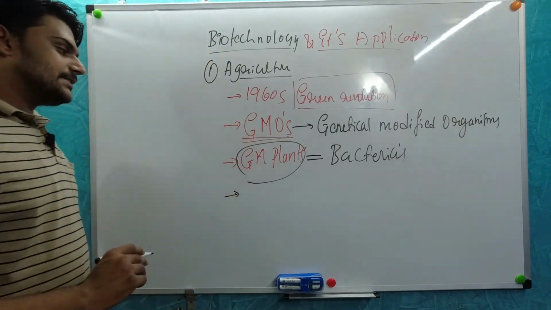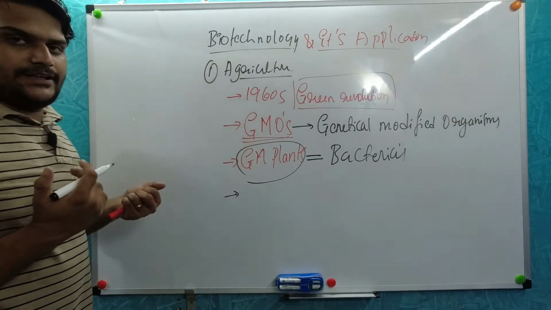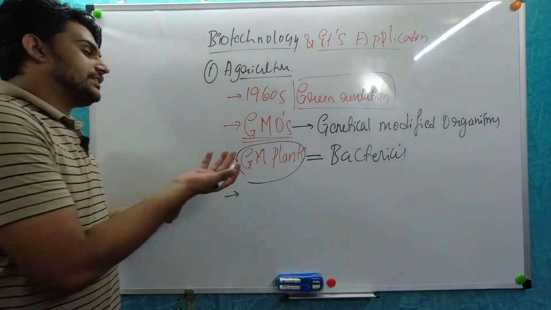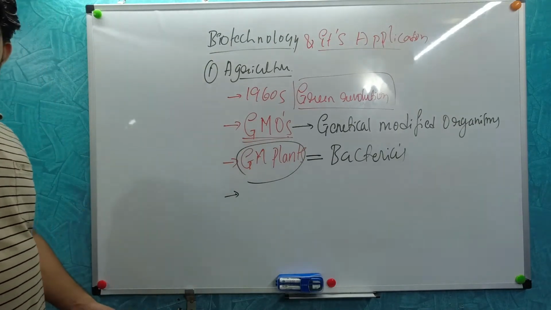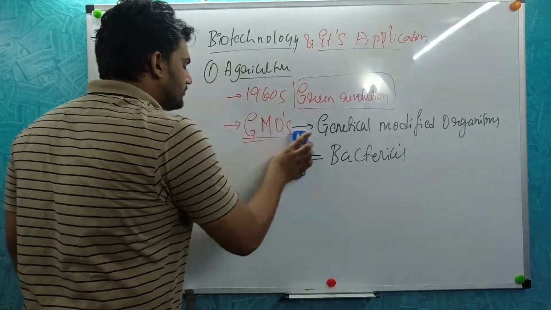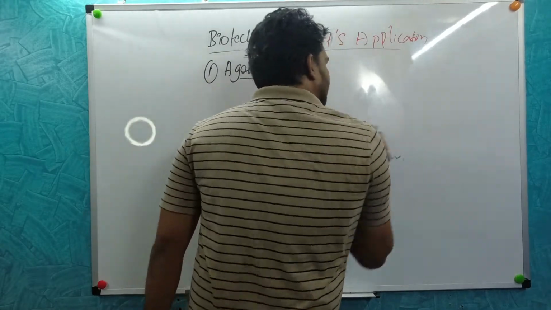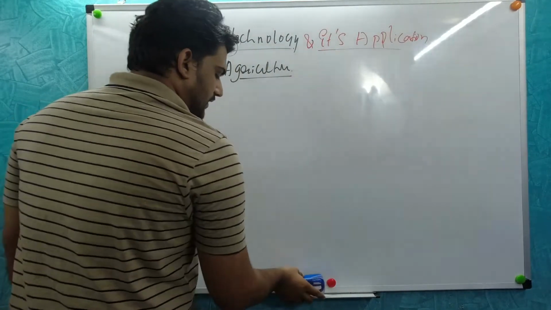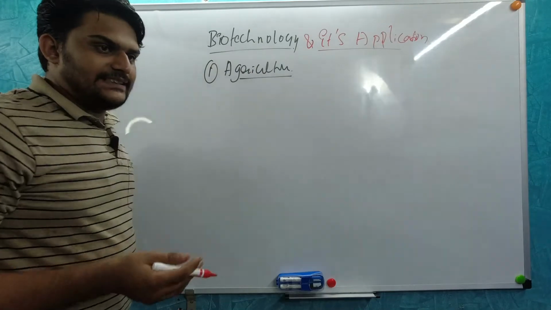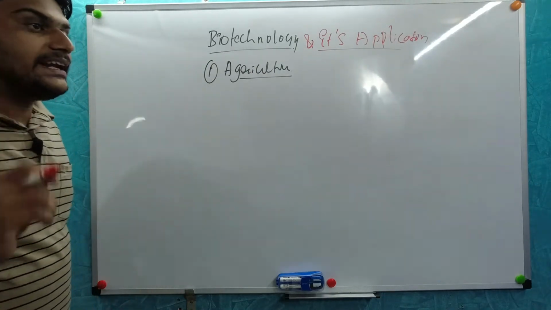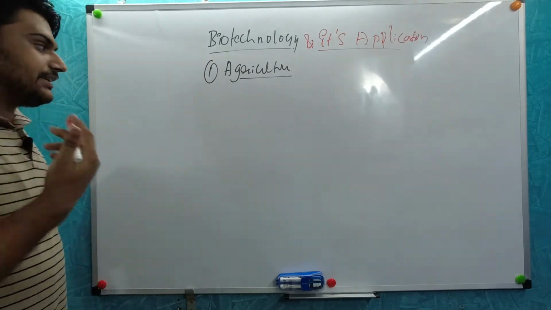And the next point is, what objectives did they keep for the development of GM plants? There are some objectives achieved by creating genetically modified plants, which we are going to discuss. The first thing: the Green Revolution took place because a lot of floodings were taking place all over the world. So the scientists thought of organisms which help plants tolerate very crucial periods, that is stress, abiotic stress.